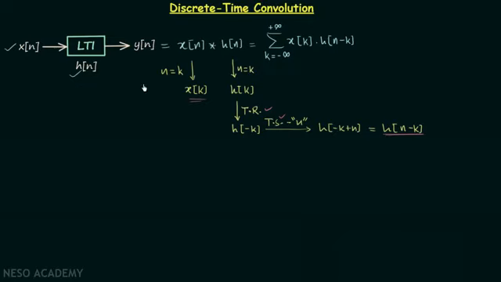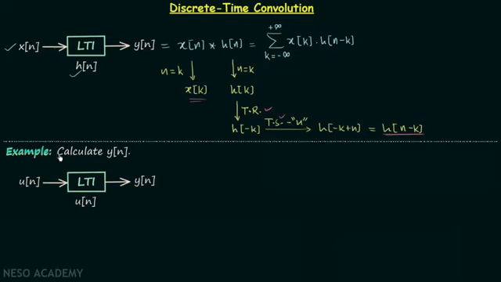Now let's move on to our example, in which we will calculate the output y[n] of an LTI system having input u[n] and impulse response u[n]. So the input and impulse response are both the unit step sequence.